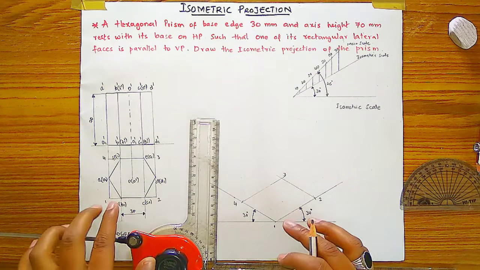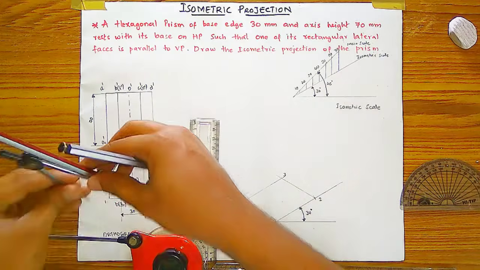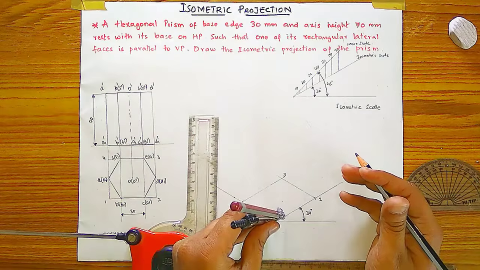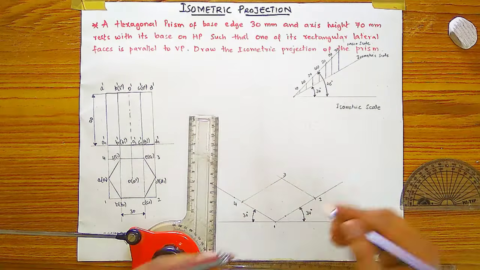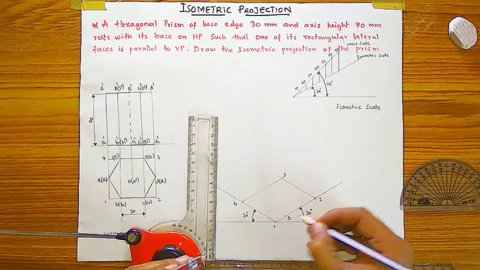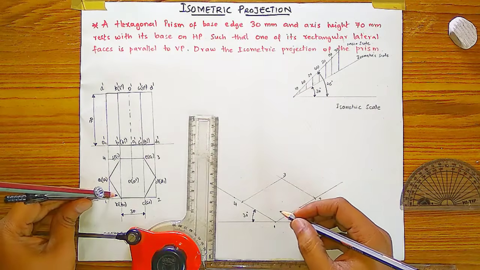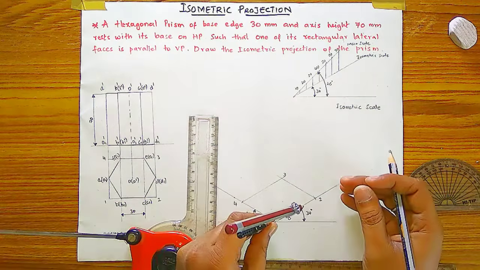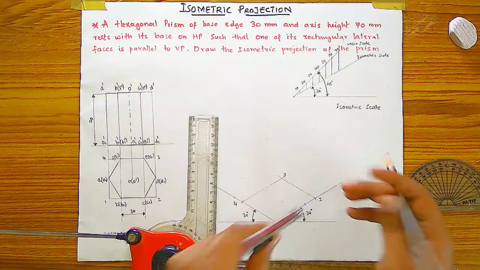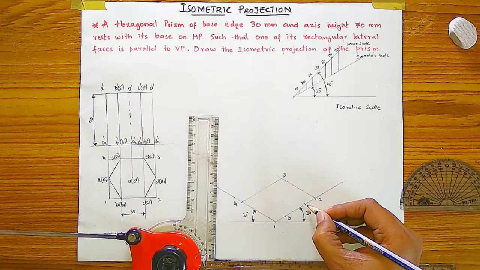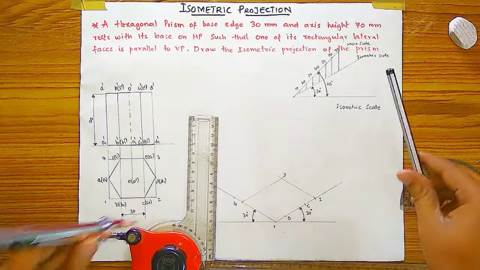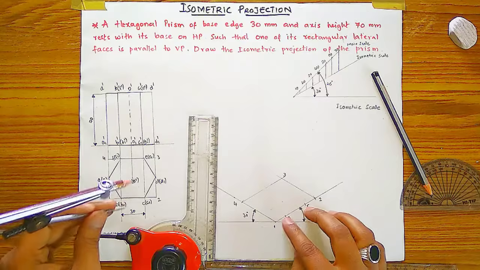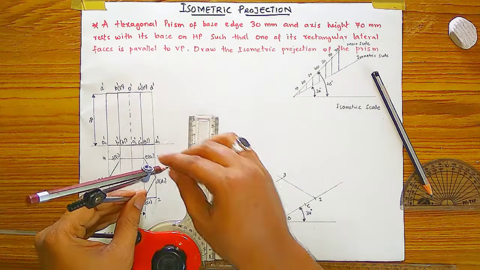So I have to measure these points and label them. From 1, this B I have measured on the divider, and adjusted here and labeled as B. And from 1 to C I have measured this distance, and keeping on 1 I have put an arc, and that point is C. From 1 to 2 the points are there, so I have labeled them, and then from 2 to 3 only D is there.